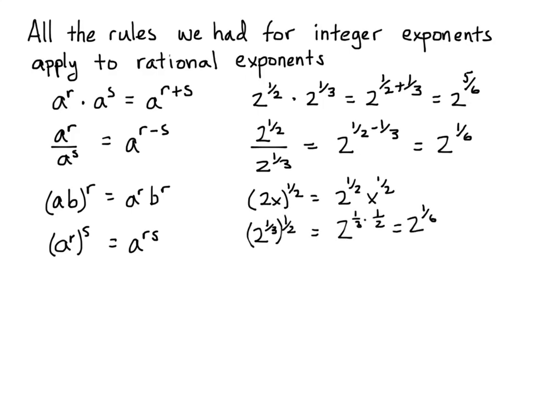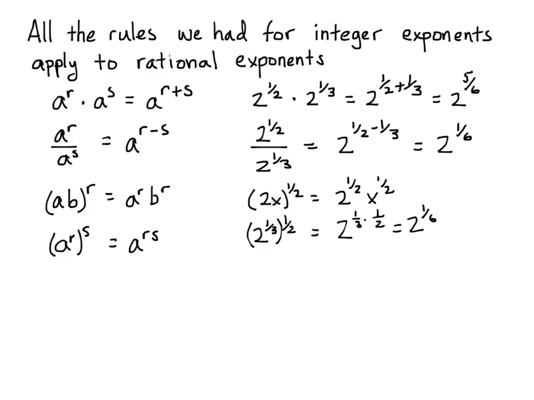So here's the power to power rule, which I actually talked about on the last slide, where you have a to the r to the s, it's just the product of the two. So if we're going to take the cube root of 2 and then take the square root of that, we can just multiply the 1/3 and the 1/2 together and we get 2 to the 1/6.